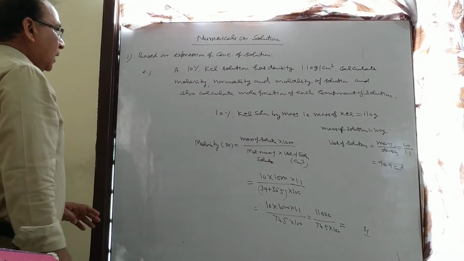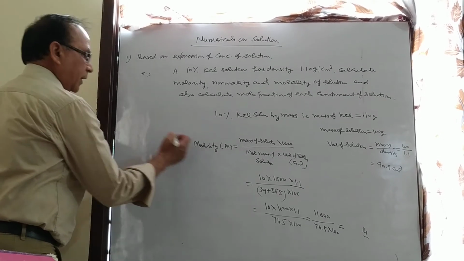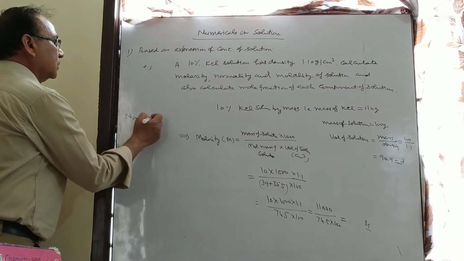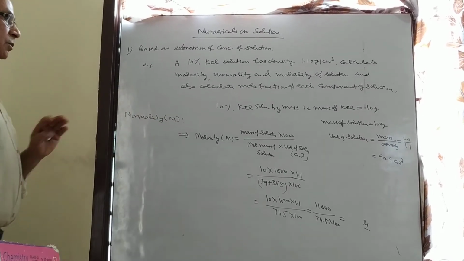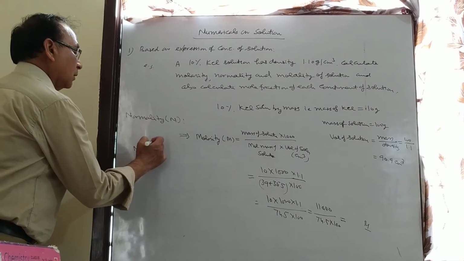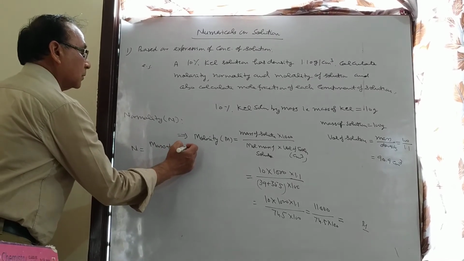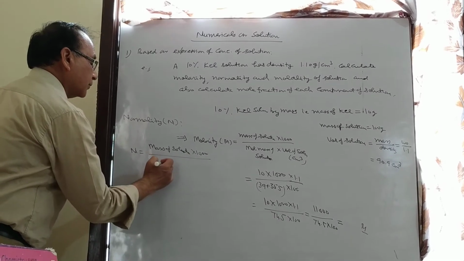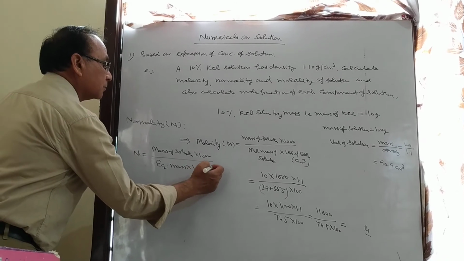Okay. Next is normality of solution. This was one part, molarity. Now normality of solution. Normality is denoted by capital N. You know the normality formula: normality is equal to mass of solute into 1000 divided by equivalent mass into volume of solution.